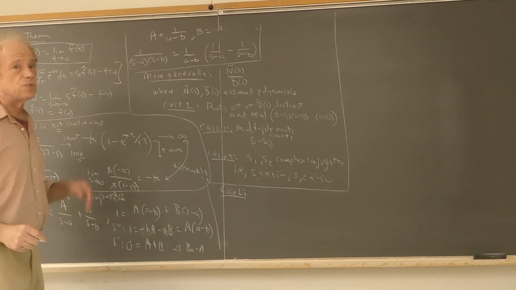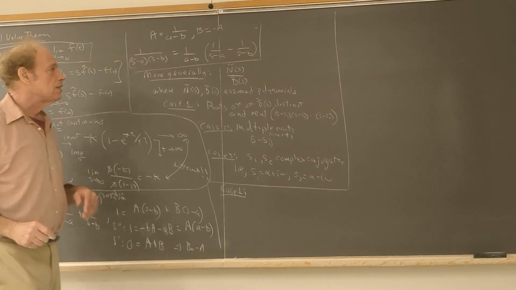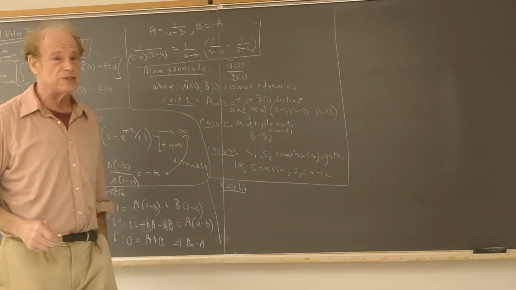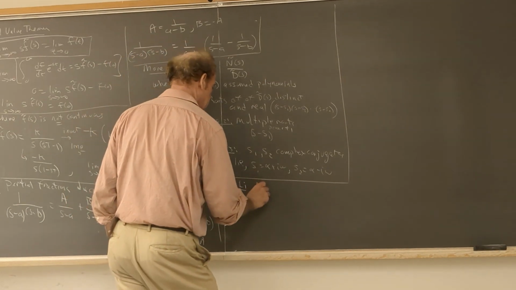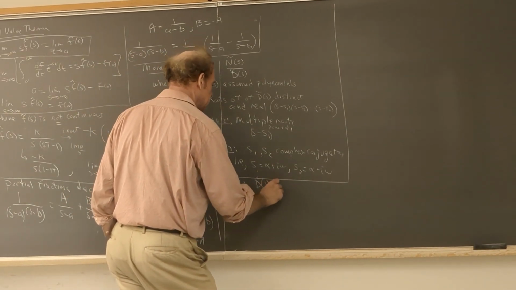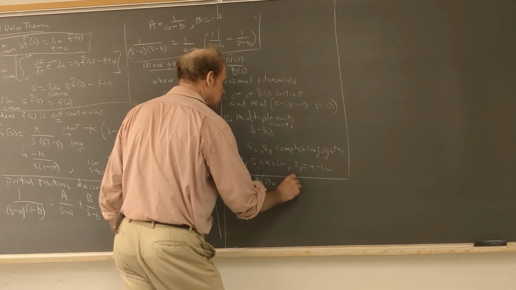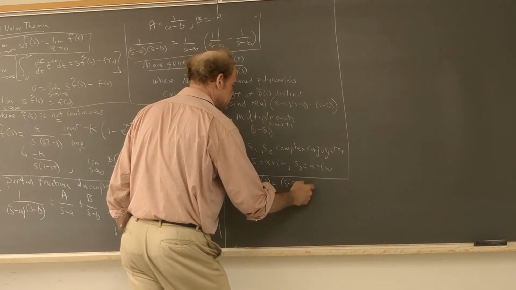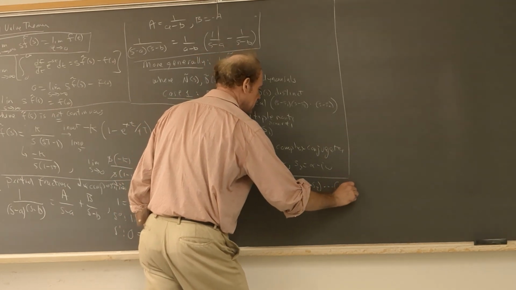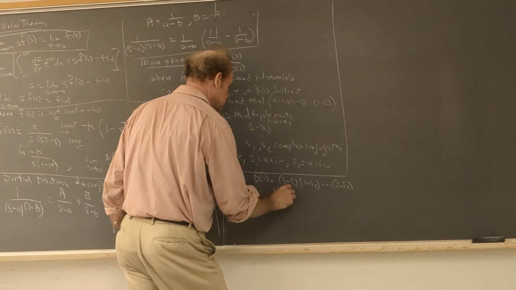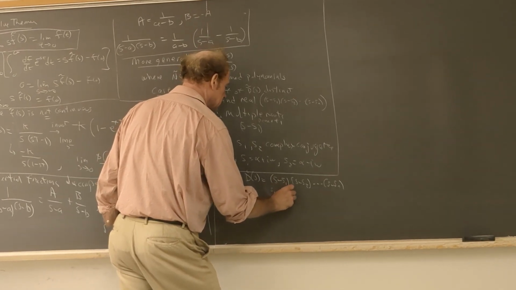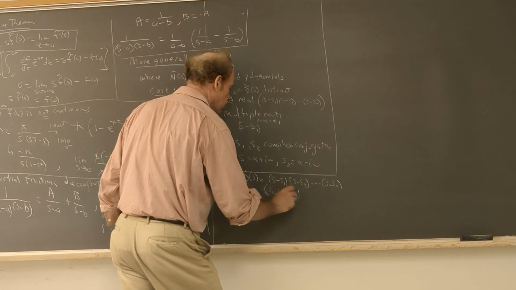Okay, if we do case 1, then case 1 says d tilde of s is equal to (s minus s1)(s minus s2) through (s minus sn), with s1, s2, through sn all different.